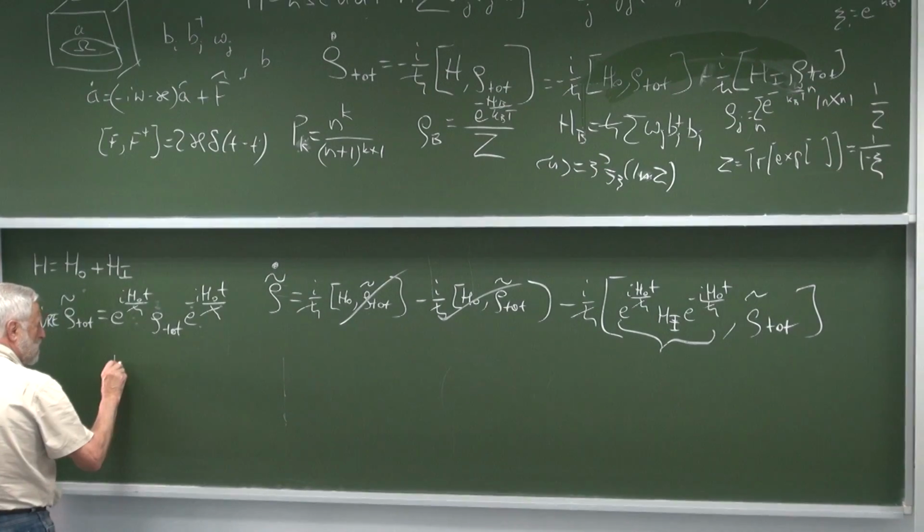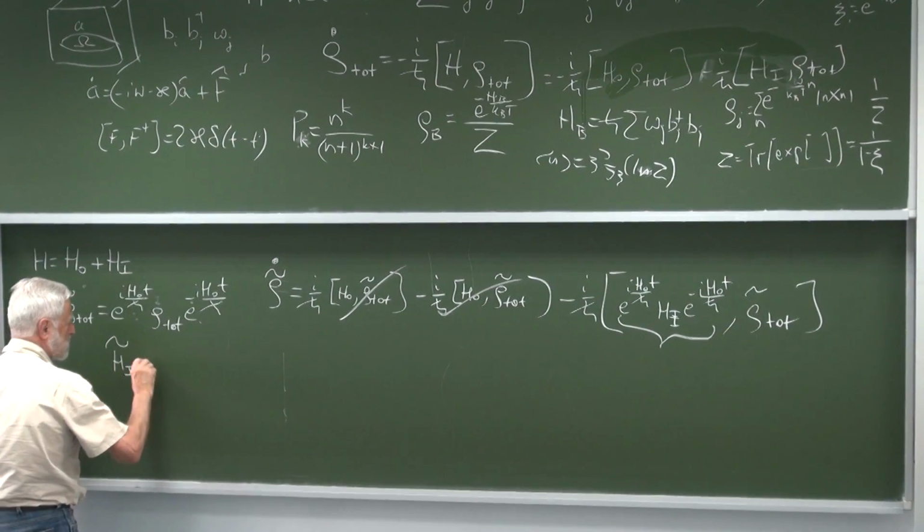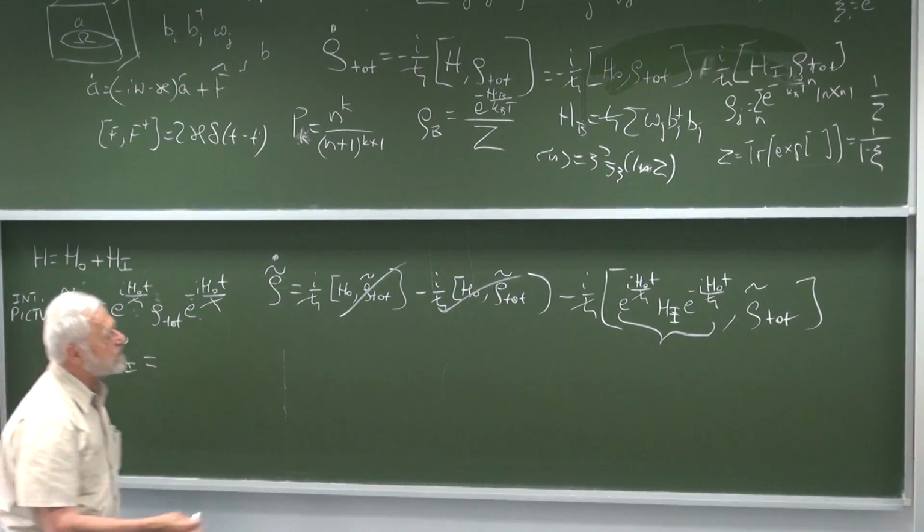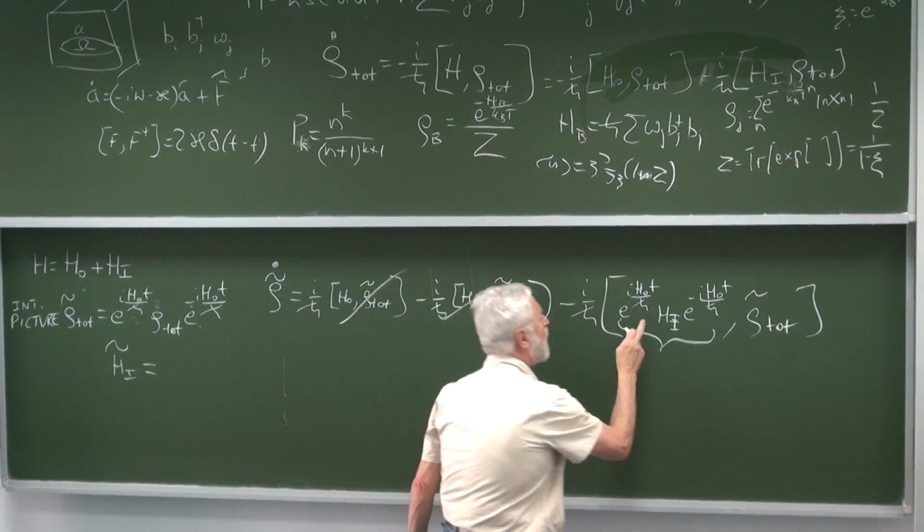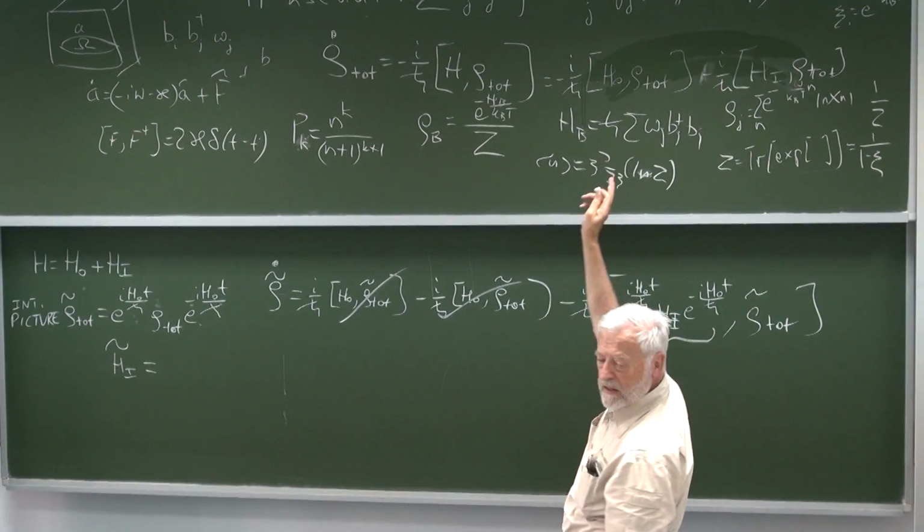So my Hamiltonian in the interaction picture is just the standard free evolution of the creation and annihilation operators which are there, yes?